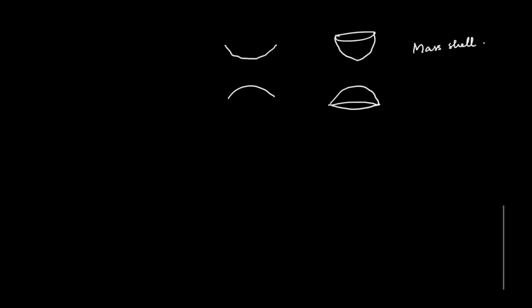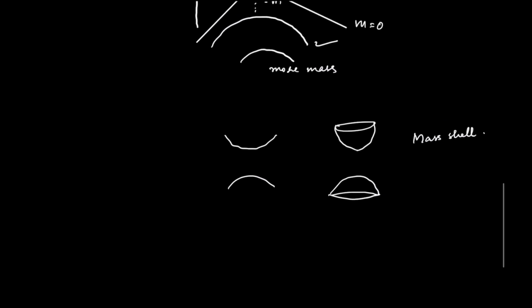While integrating in k space, I just want to pick out only those momenta that are on shell. Which means that here I can have any number of energies and momenta, but I have to pick out only those momenta that are on the shell. It's called on shell.